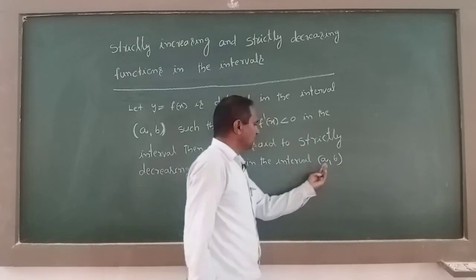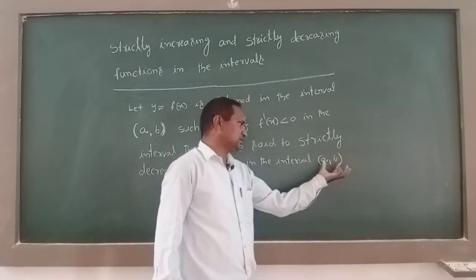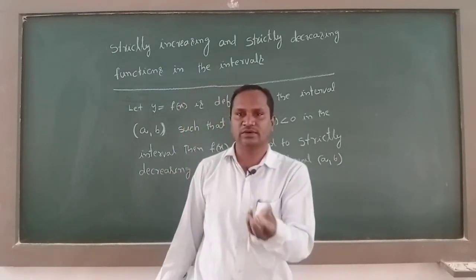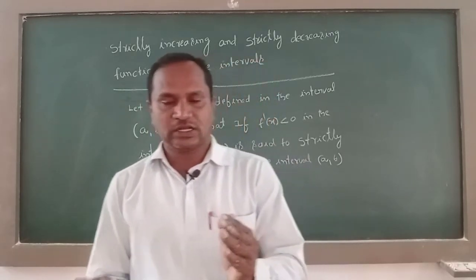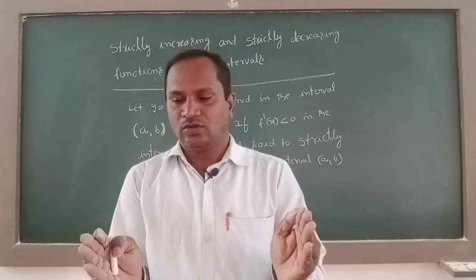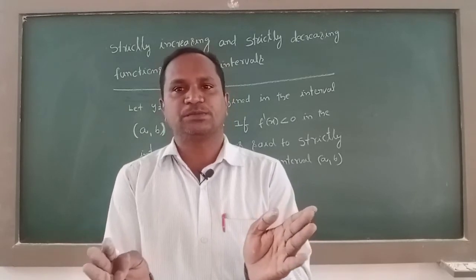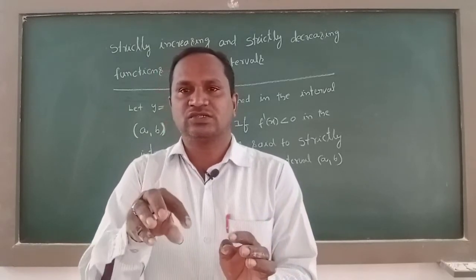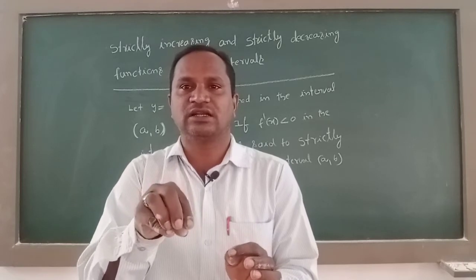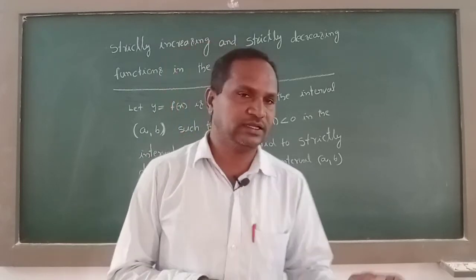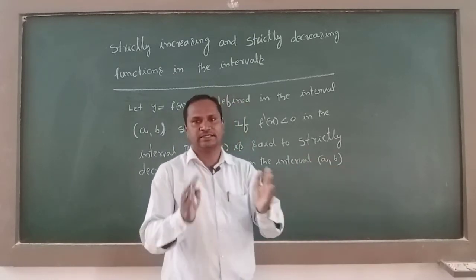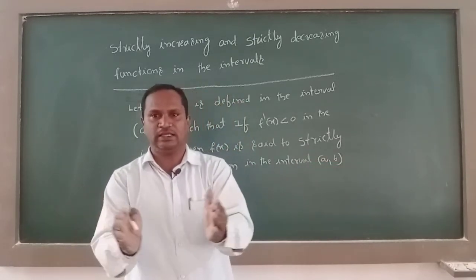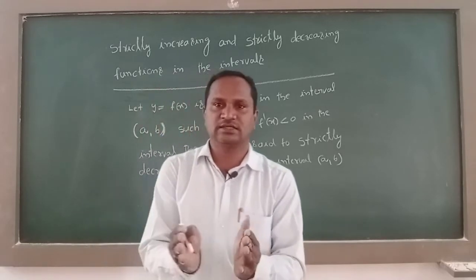Open means excluding endpoints. Include all types of numbers between a and b. For example, if 2 and 4 are there, excluding endpoints 2 and 4, we must consider all the real numbers between 2 and 4 here. Like that, open interval a comma b means exclude the endpoints and consider only the real numbers inside a and b.